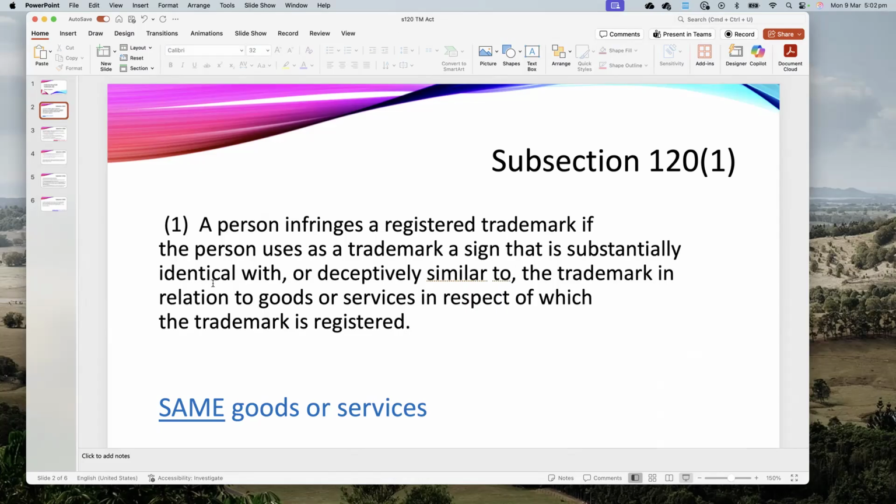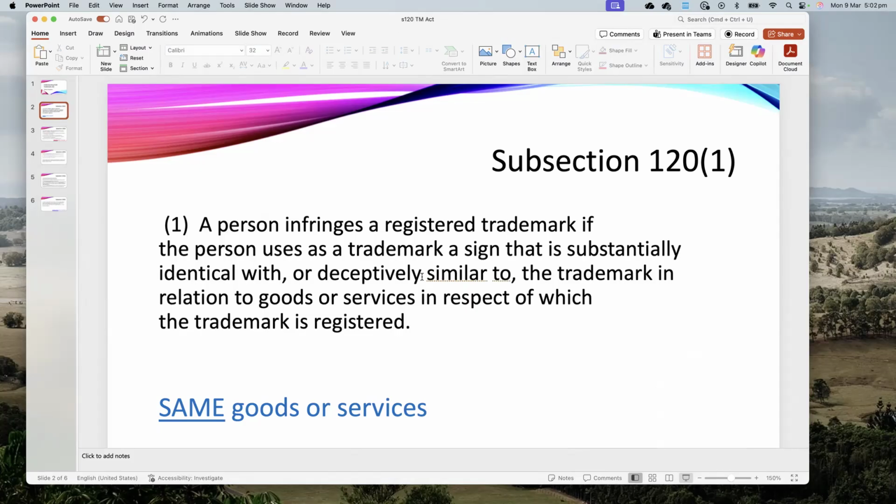Now, these are different tests. Substantially identical means pretty much exactly the same. When you look at the two marks, you would mistake one for the other if you looked at them quickly because they are basically identical. That is what it means. It's a high test.